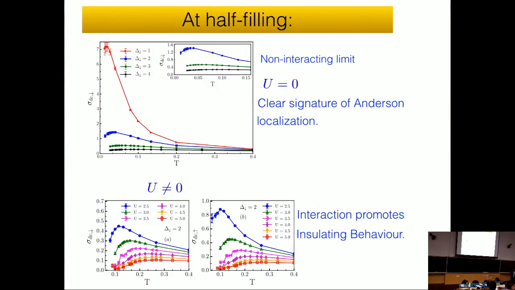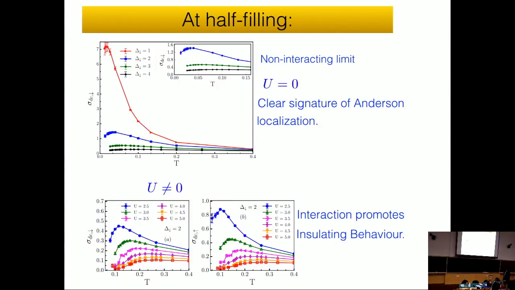Of course, we are not plotting the upspins because they are completely free. The only way that you can actually see disorder for the upspins is if it talks to the downspins. Okay. So now what I do is I put U not equal to 0, right? And I look at what would happen to the conductivity as a function of temperature.